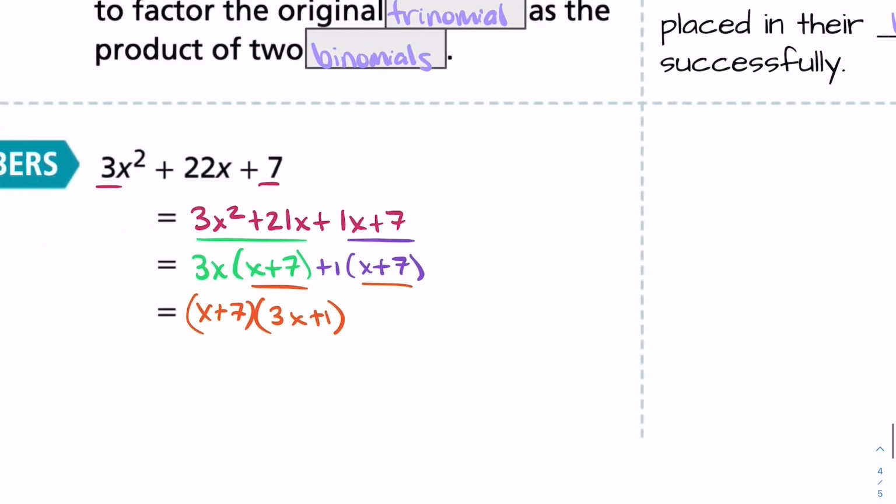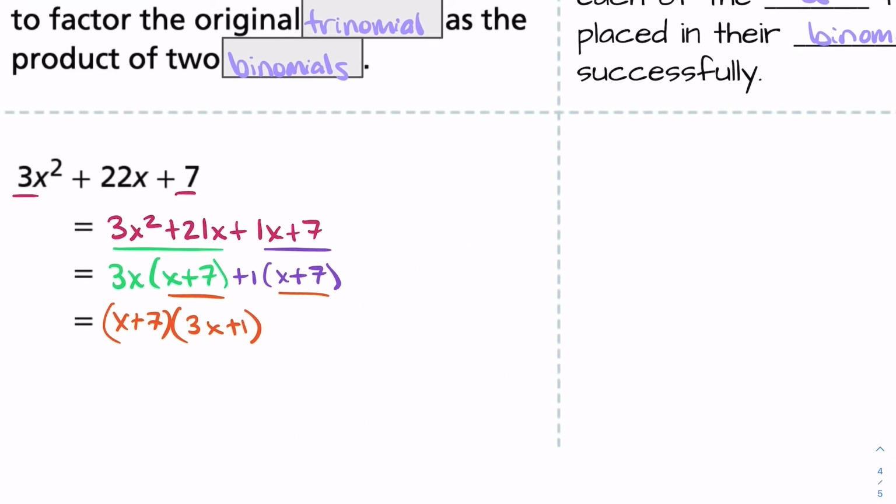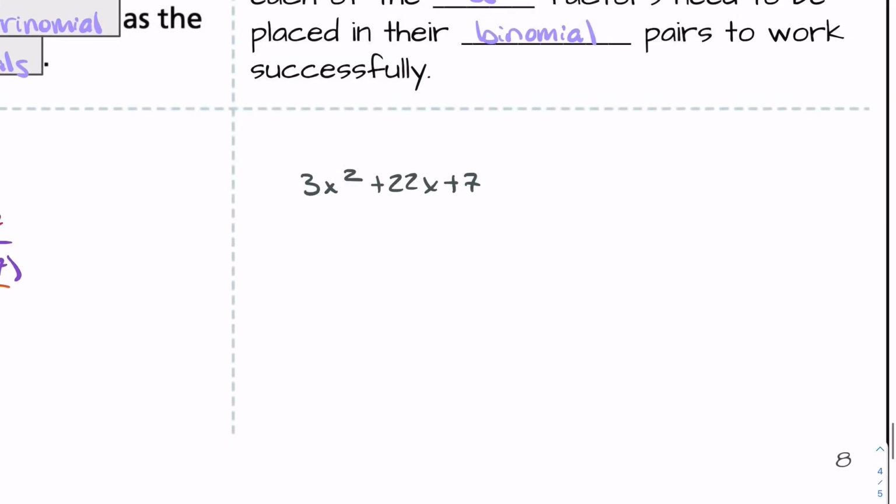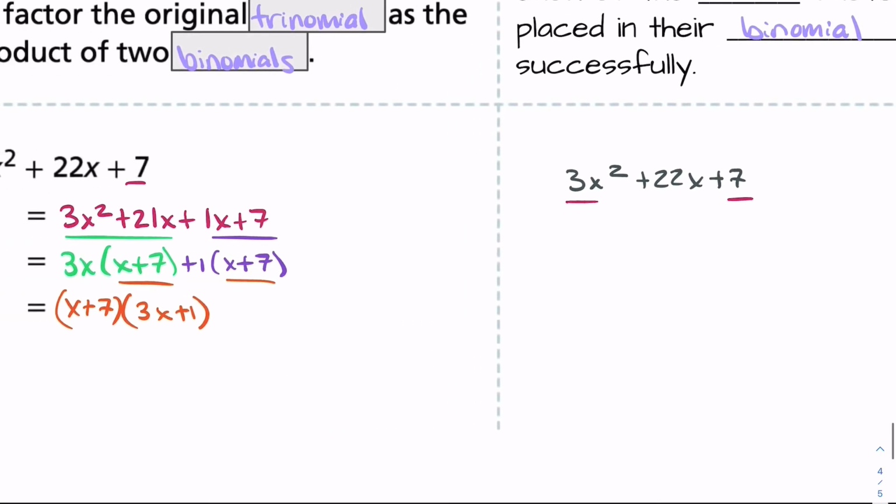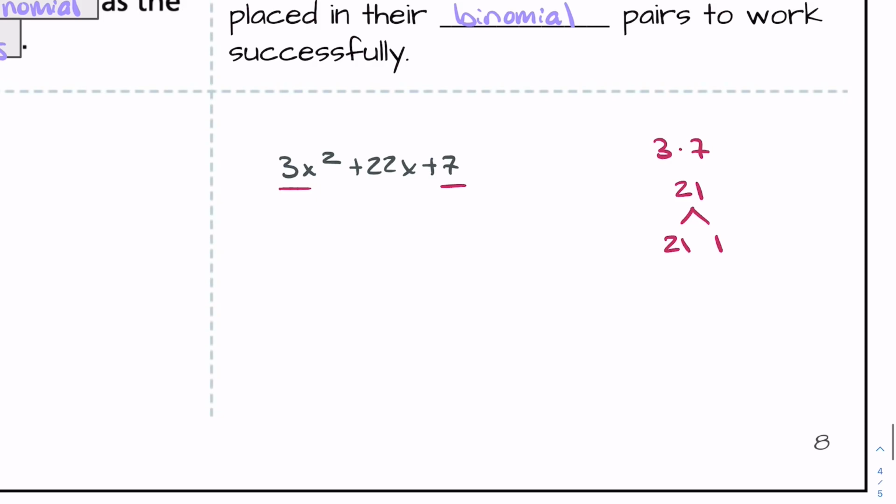Okay, and so for that same example, we're going to take 3x squared plus 22x plus 7, and we will do 3 times 7 is 21, which breaks into 21 and 1. That's how I get my middle term of 22. And then I take a is 3, which can be 3 and 1. The only pair that works would be 3 here and a 1 here.